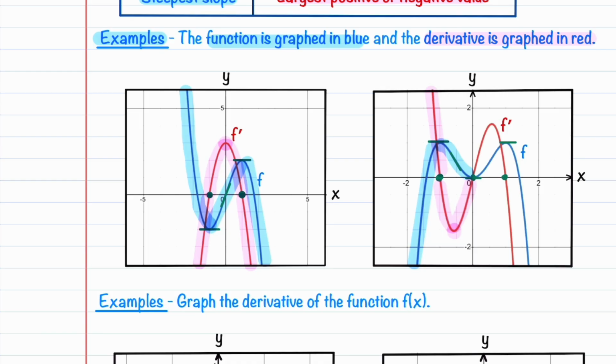And then on the right-hand side, our function is decreasing here. So our derivative lies below the x-axis. And then here, our function is increasing with a positive slope. So our derivative lies above the x-axis, reaches a maximum here, and then comes back down.